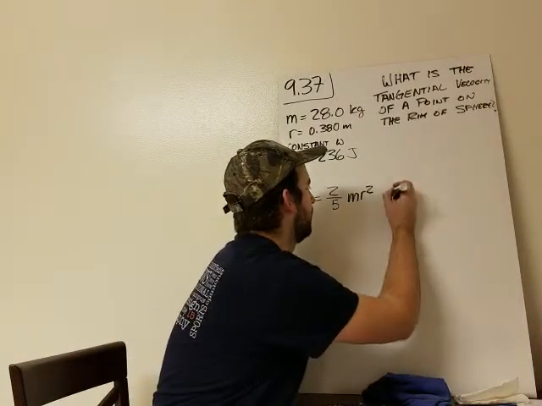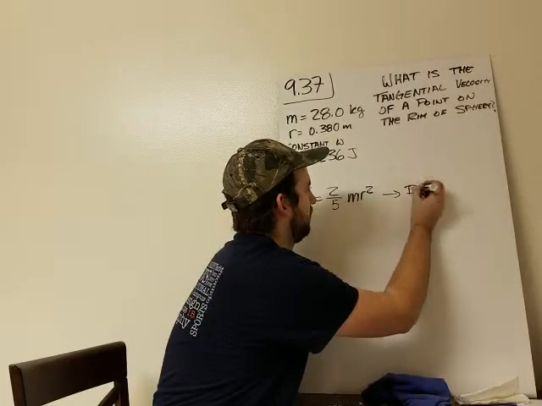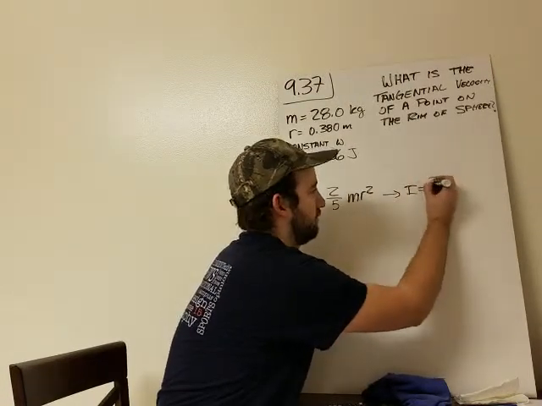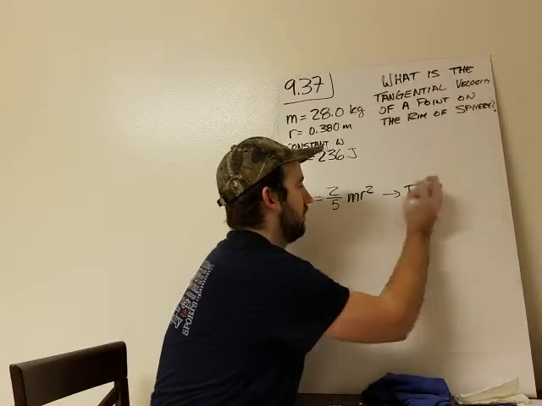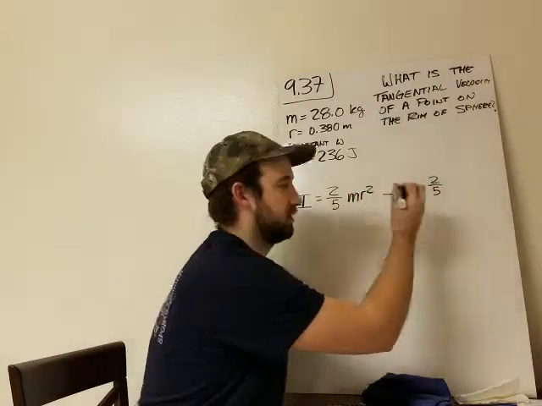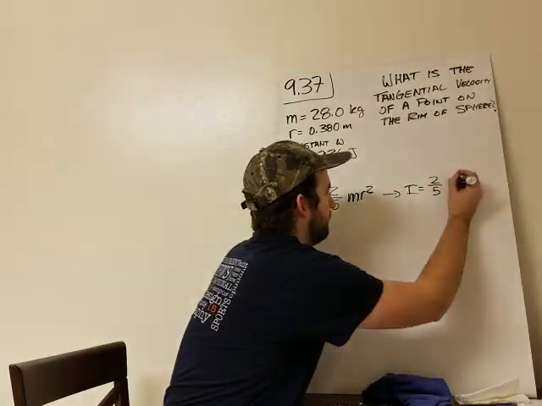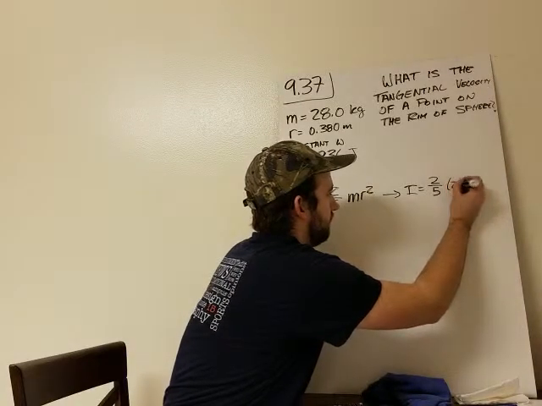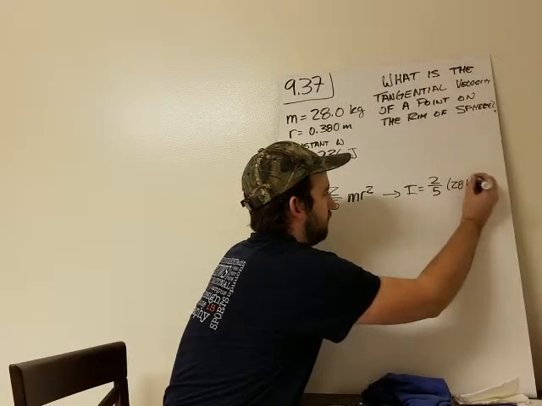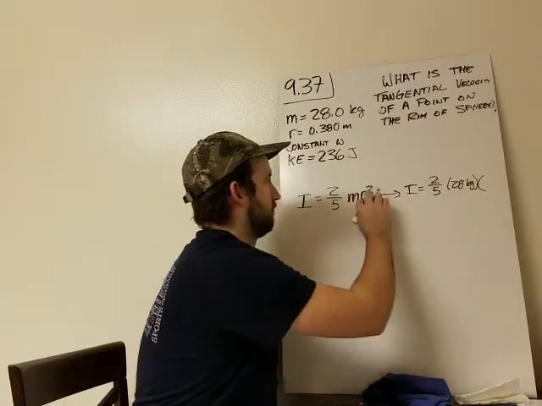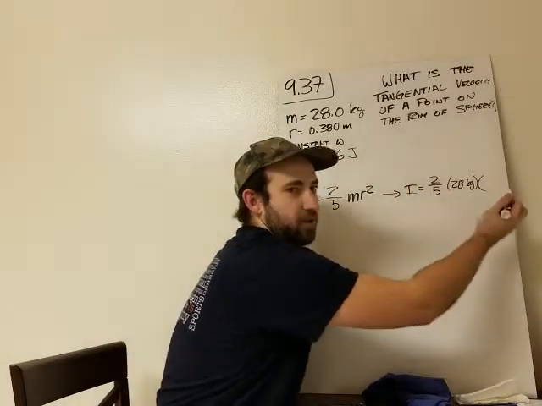So that goes to I equals 2/5 times the mass, which is 28 kilograms, times the radius squared. The radius is 0.38.